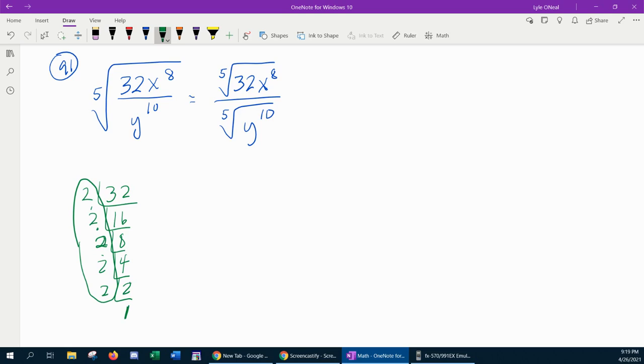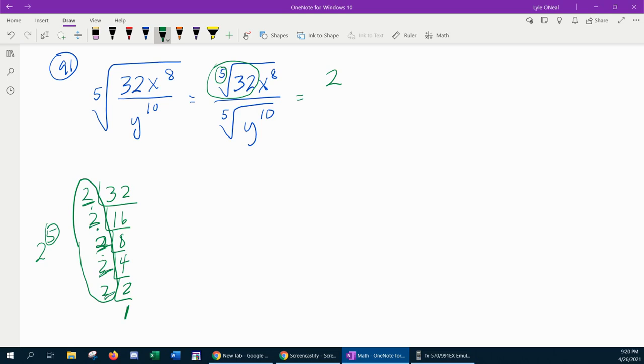So that means that 32 is 2 to the 5th. And since the index and the exponent match, they'll cancel and leave me a 2. Or you could say the 5th root of 32 is 2 because 5 factors of 2 make 32.